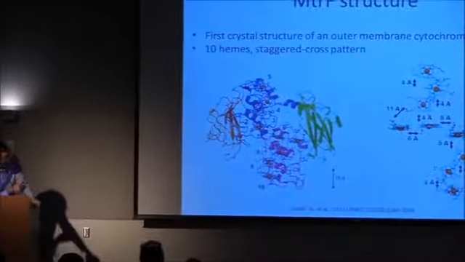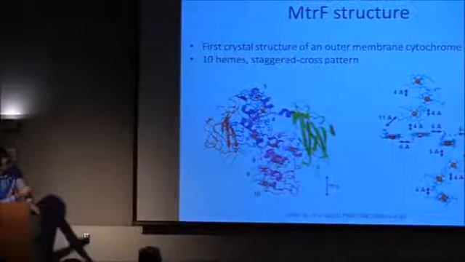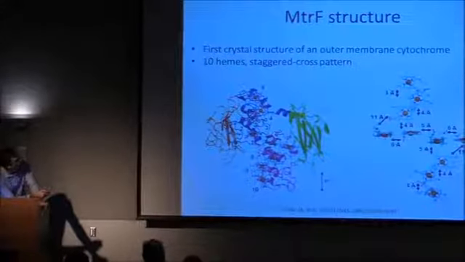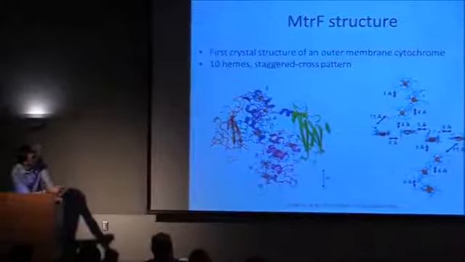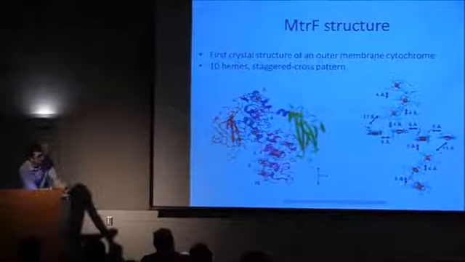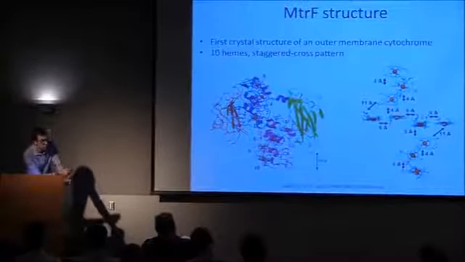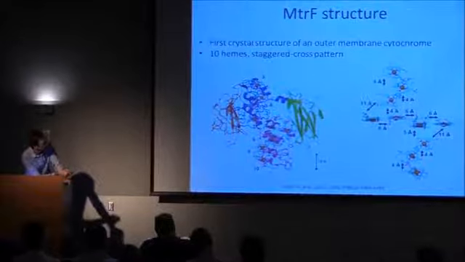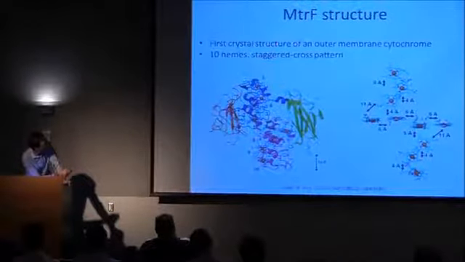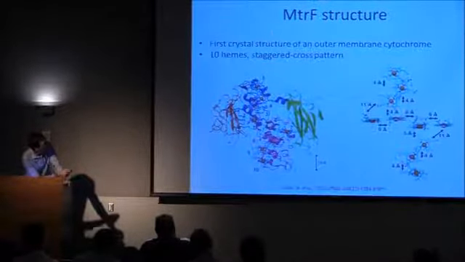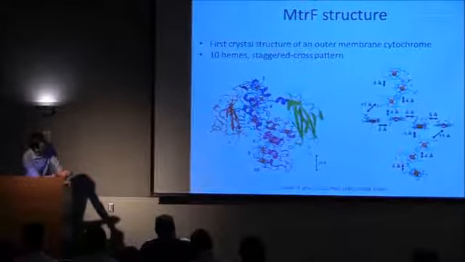Now, because of the importance of outer membrane cytochromes in this long-range electron transport, we're going to look at the structure of the first outer membrane cytochrome, the first crystal structure of an outer membrane cytochrome in Shewanella. So this is MtrF, and it's a homolog of MtrC, which you saw in that complex before.